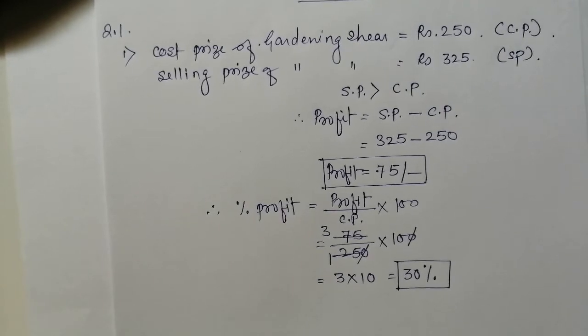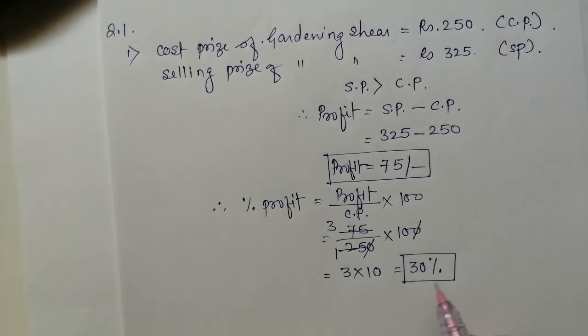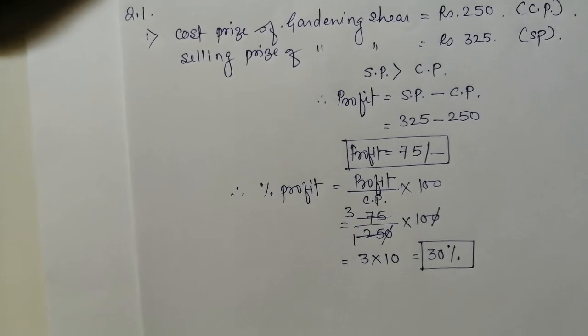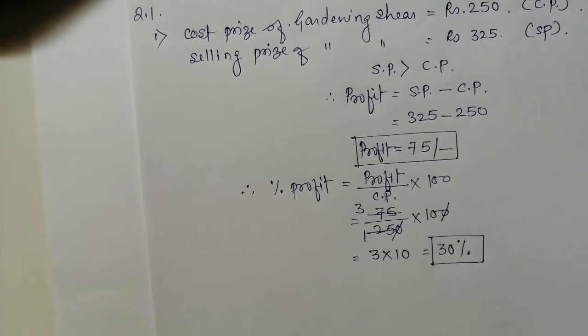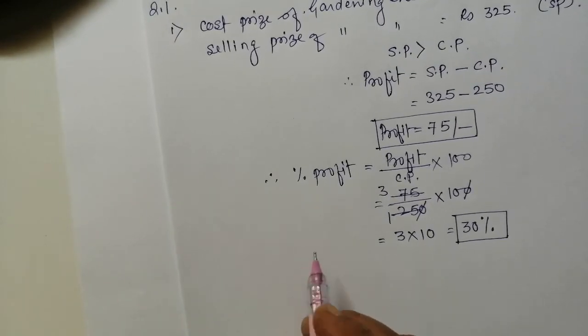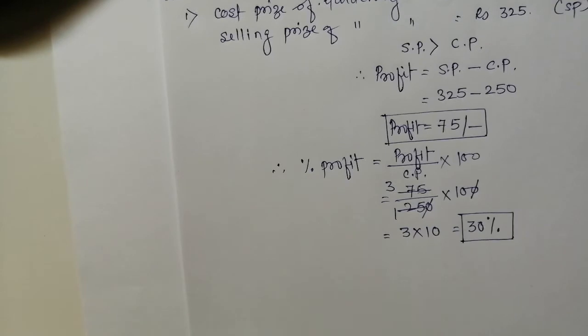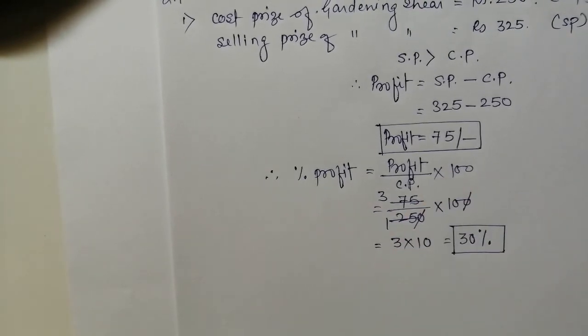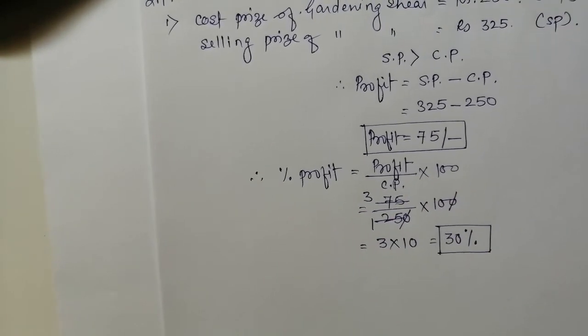After calculation you will get 30% profit. Okay, now the first one I have done for you. Now in question number 1 there are 3 more sums. You have to do them on your own by the same process which I have given.